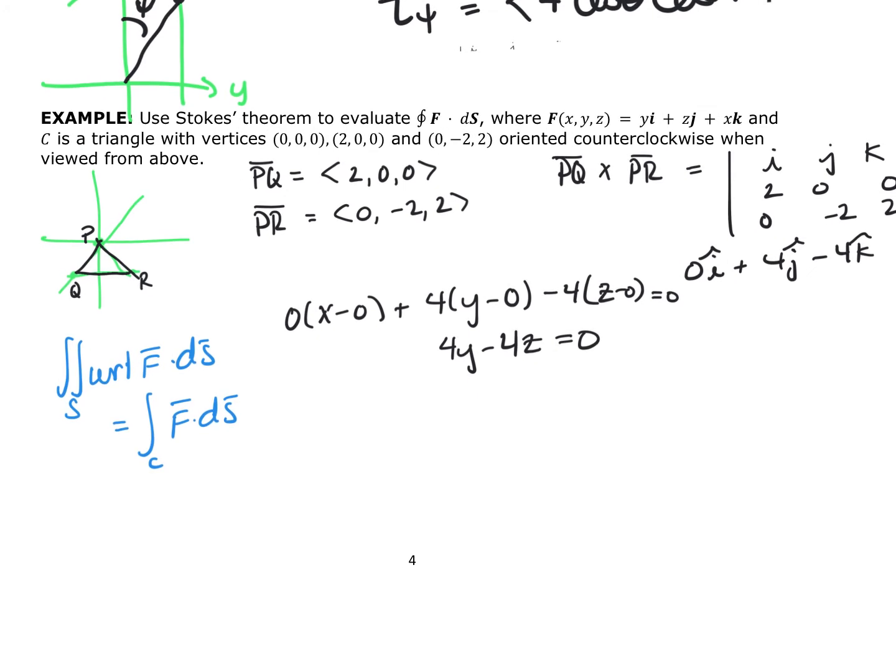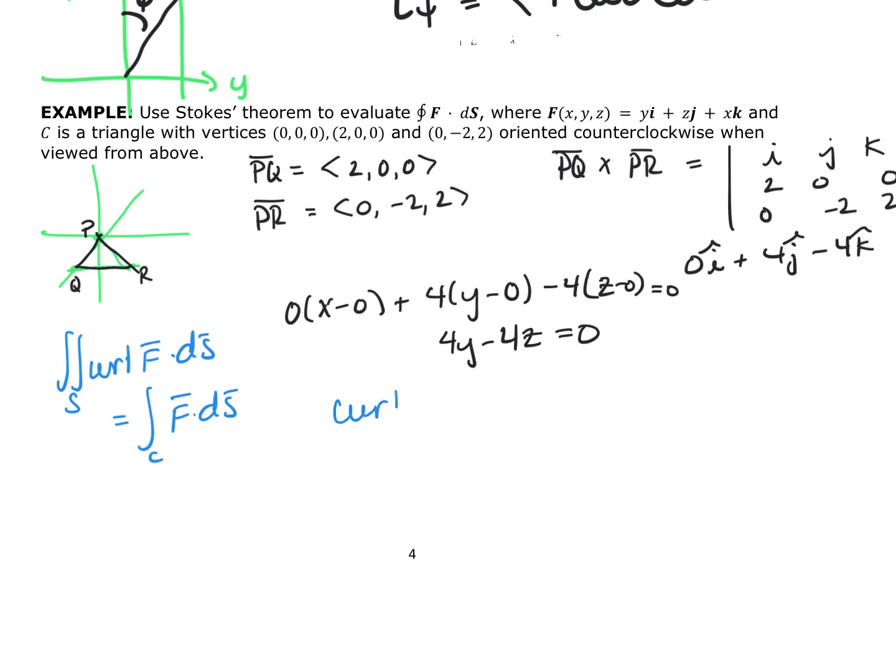So I'm going to find my curl of F, which is going to be the determinant of i, j, k, the partial with respect to x, the partial with respect to y, the partial with respect to z, of y, z, and x.